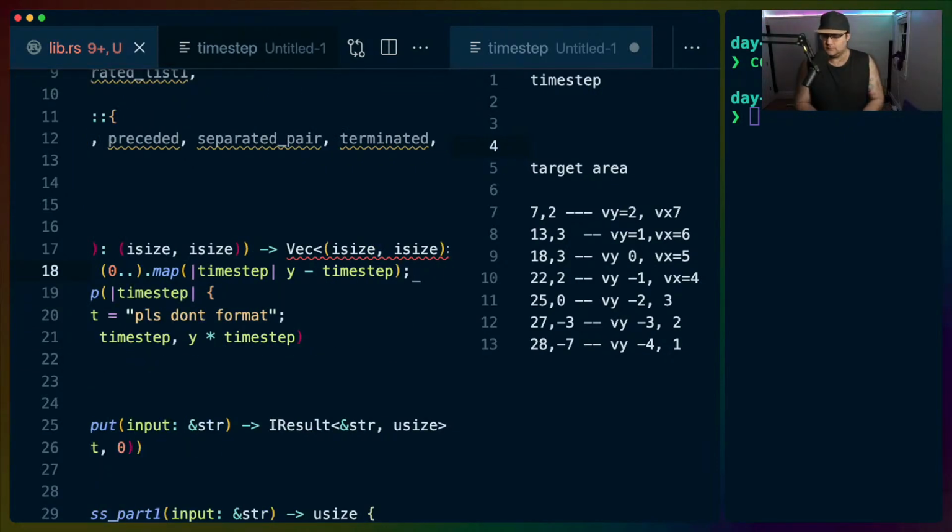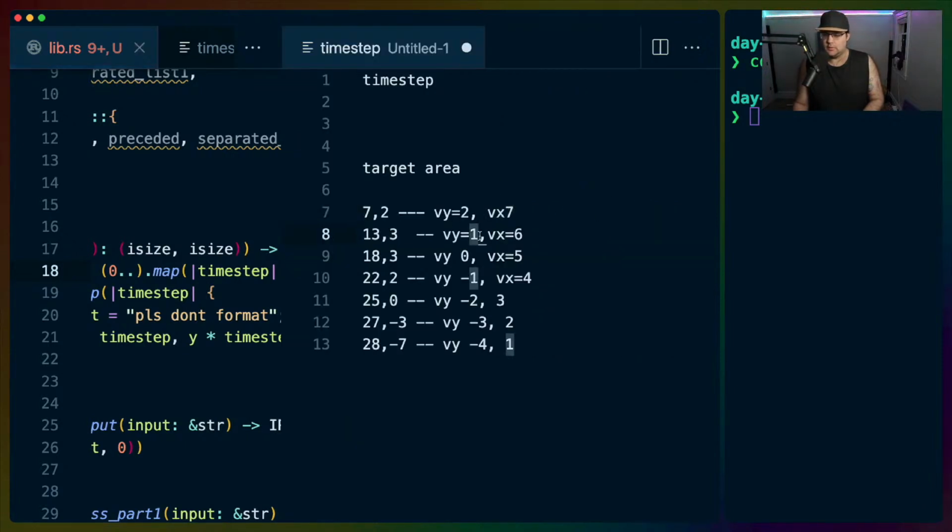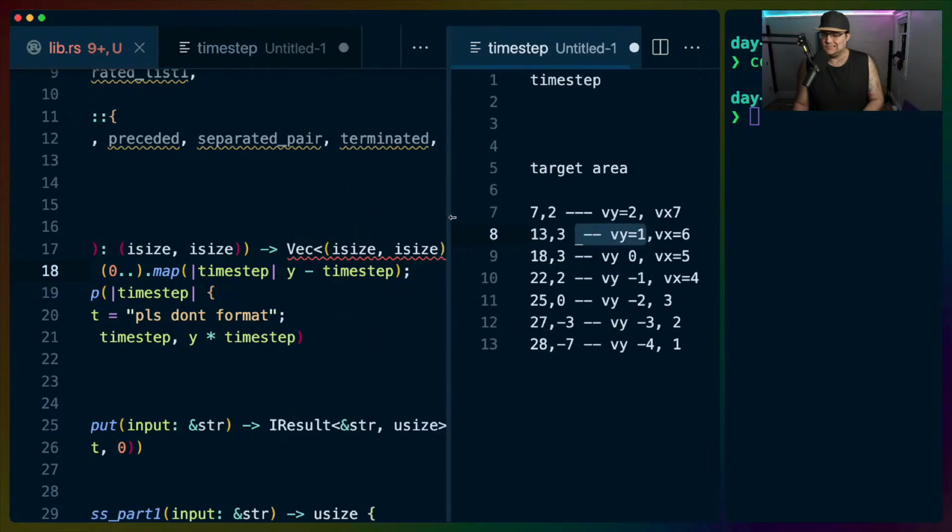So y minus 0, y minus 1, y minus 2, 1, and then the thing that we're at is just the sum over that period of time.